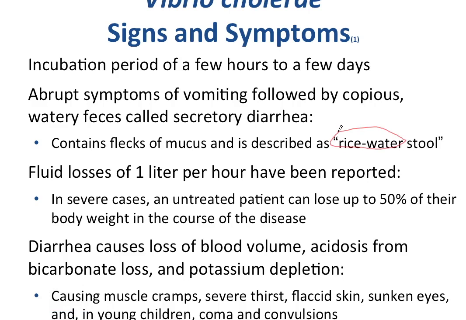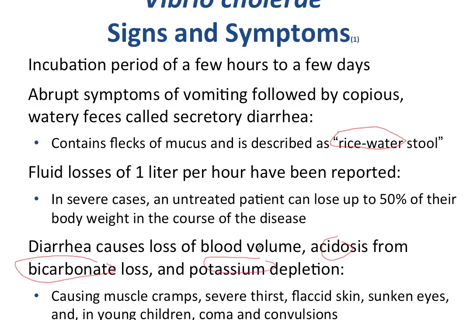So the patient may lose 1 liter of fluid per hour. So that's a lot. So eventually, the patient will die from the dehydration. So severe dehydration will cause acidosis since the patient loses bicarbonate, along with potassium depletion.